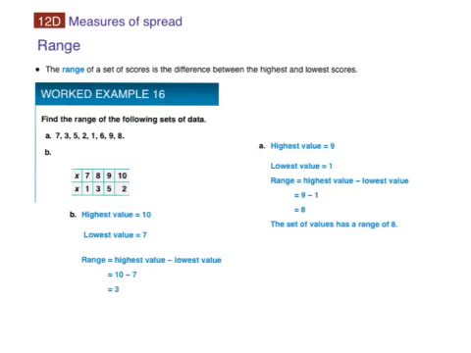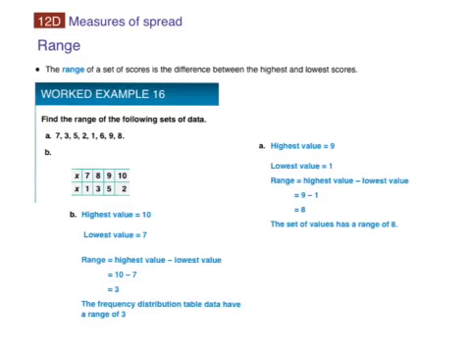So we can say that this frequency table has a range of 3. So that's the range. Just to recap, the range is simply the difference between the highest and the lowest score.